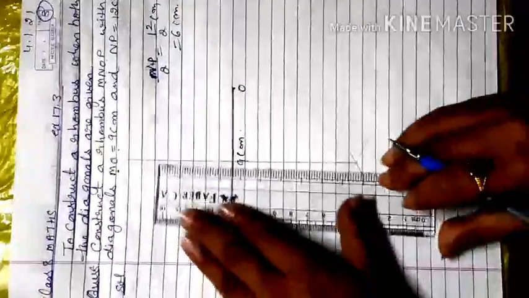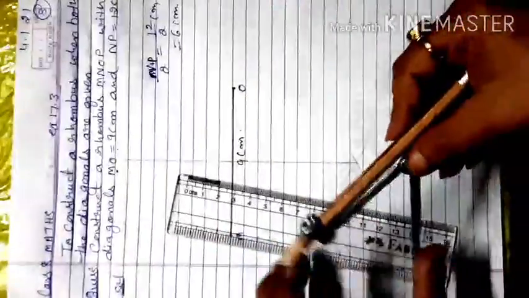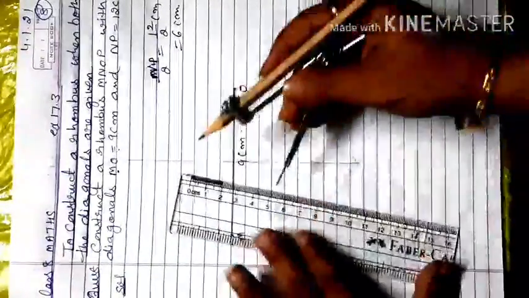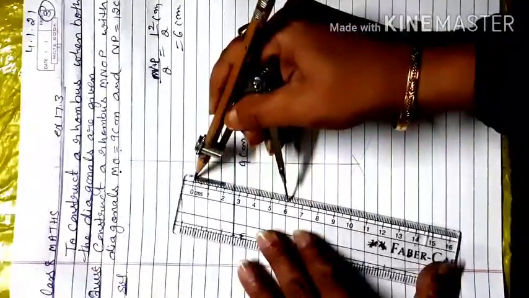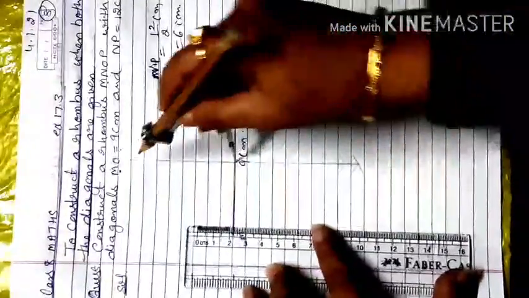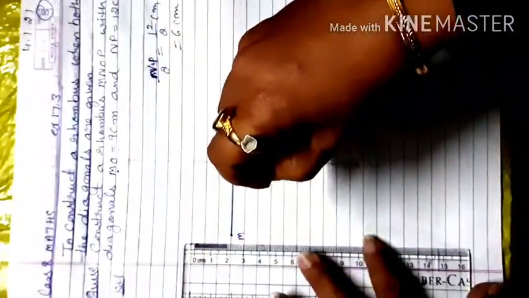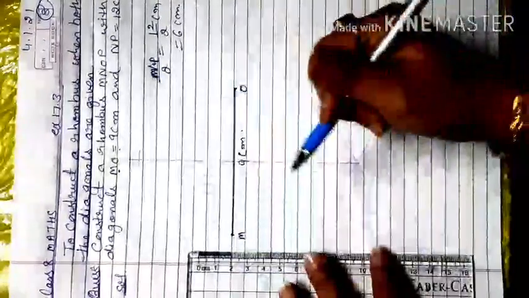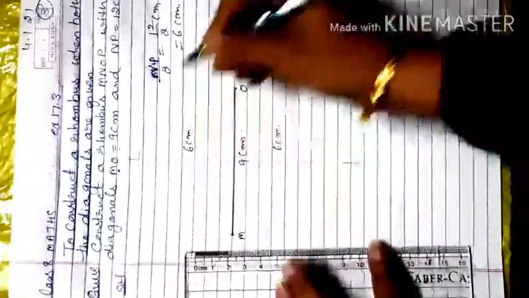So at the distance of 6 centimeter, either you can mark with the scale directly or you can mark with the compass. Open the compass 6 centimeter, mark an arc here and cut that bisector line that divides MO into two equal parts at a 6 centimeter distance. This is 6 centimeter, this is 6 centimeter.